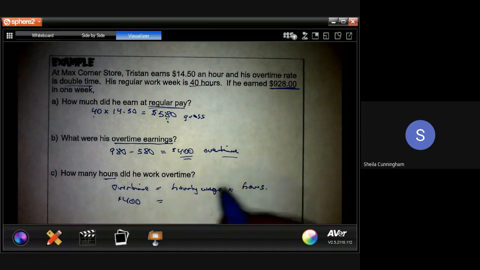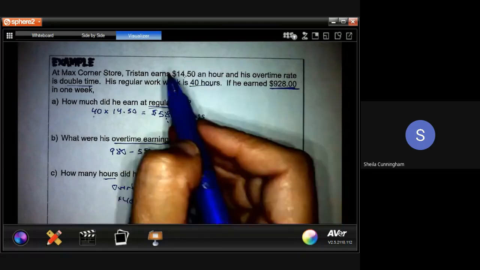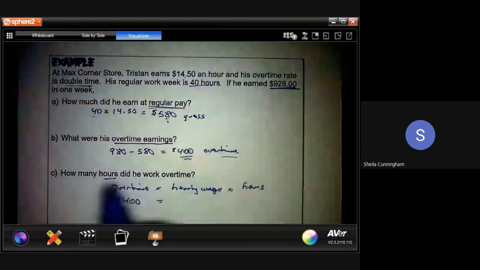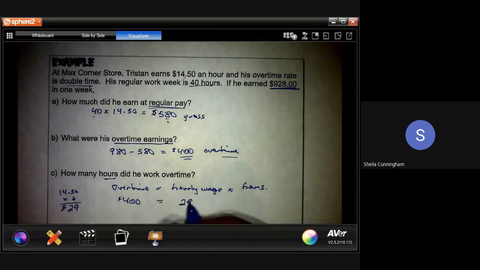His hourly wage, we take the $14.50 and we're doing double time to it. So his hourly wage is $14.50 times 2, which works out to $29. So every hour overtime is worth $29 to him.